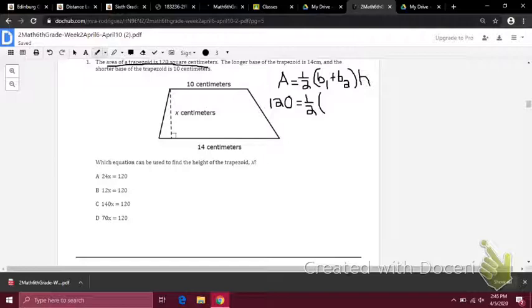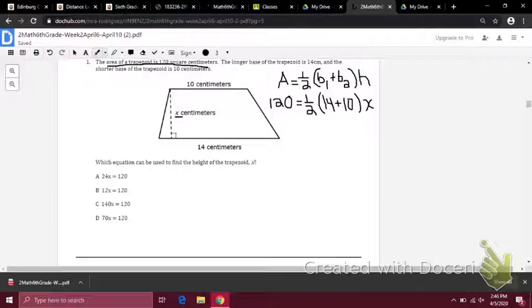Base 1 is 14, plus base 2, which is 10. Then we multiply it by the height. The height is x, so we fill it in as x. Now you have your formula with your substituted values.